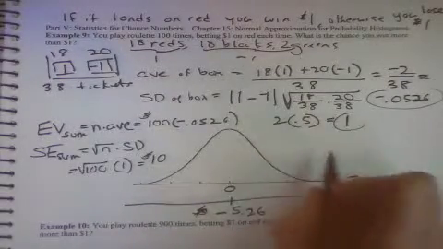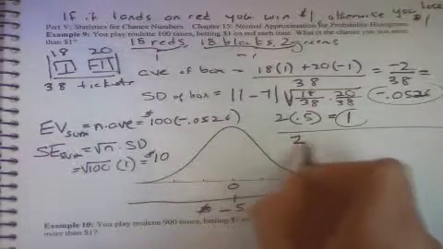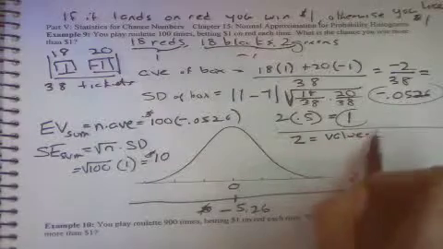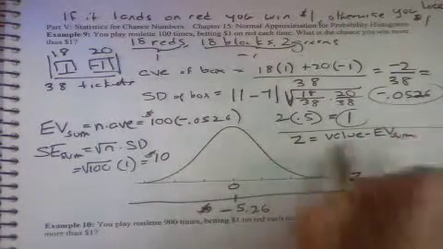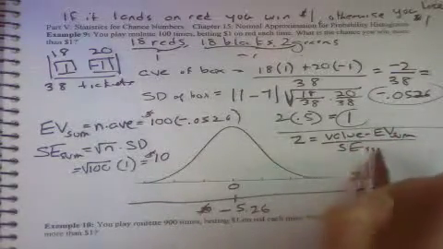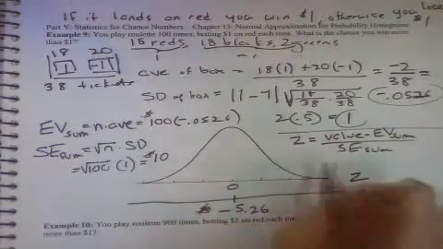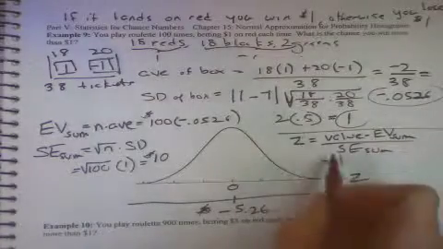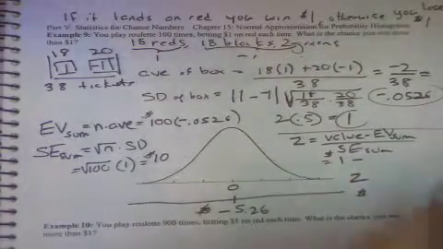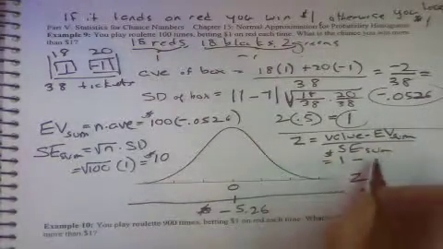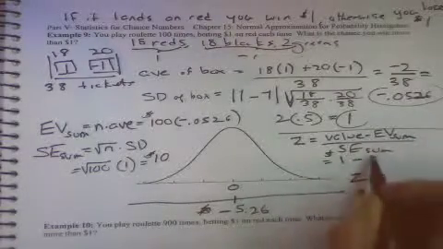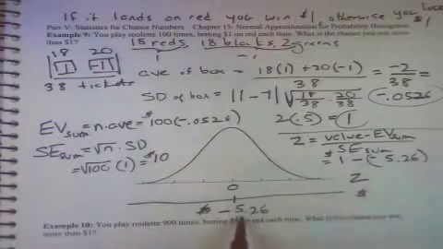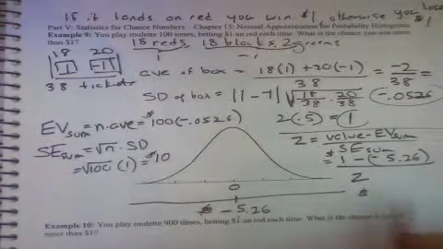My z is the value minus the expected value of the sum, over the standard error for the sum. So that's going to be equal to $1, which is when I start winning, minus the expected value, which is negative what? 5.26, right here.